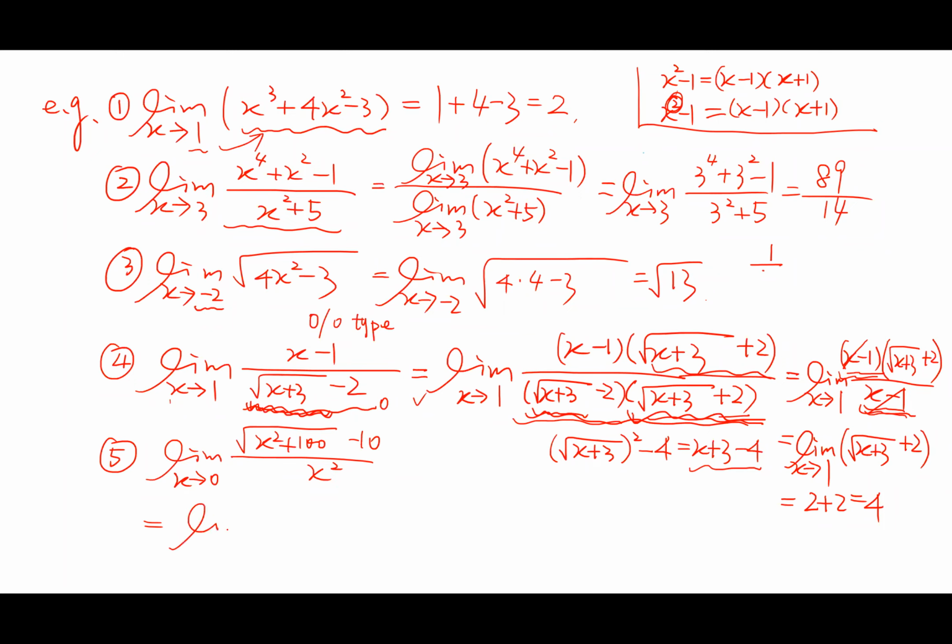So now, as x approaches 0, here we multiply the factor square root of x squared plus 100 plus 10, and the denominator the same factor.